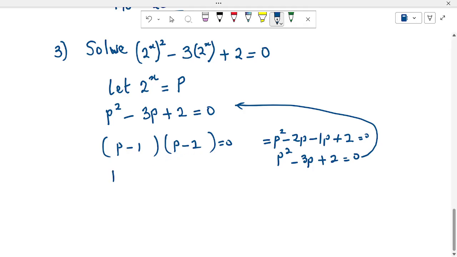So therefore, we have p minus 1 equals to 0 or p minus 2 equals to 0. Here, we have p equals to 1 or p equals to 2. Okay, that is not the end.